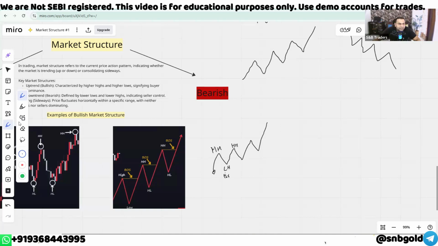And then this will be your higher low. Then again higher high and then again higher low. This is how you identify that the price is in a bullish trend.